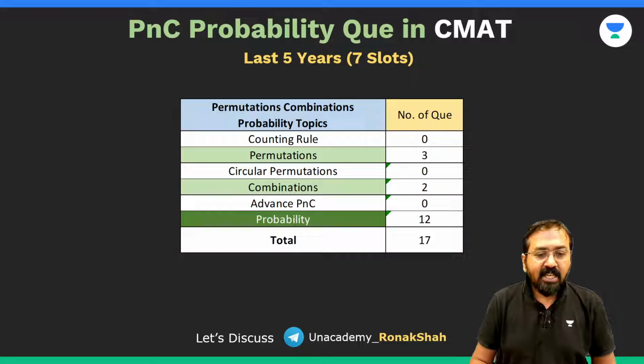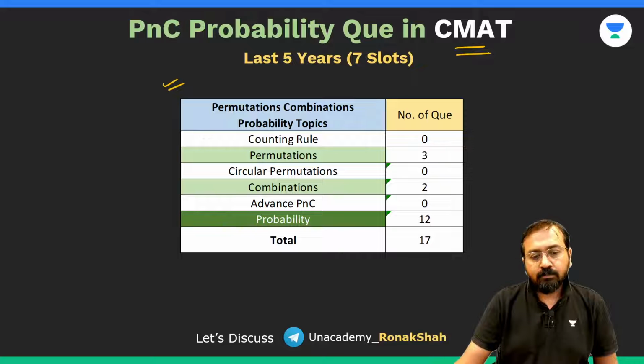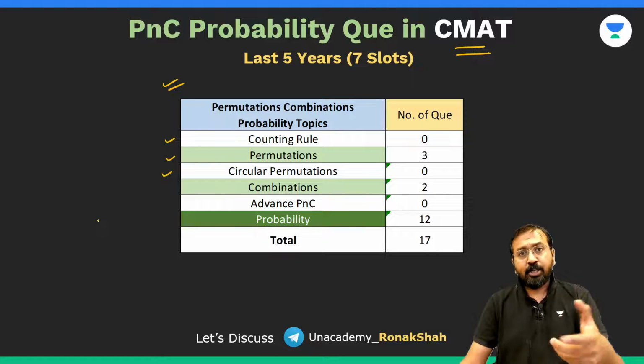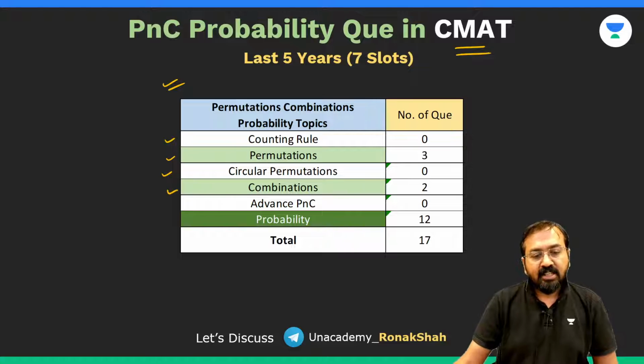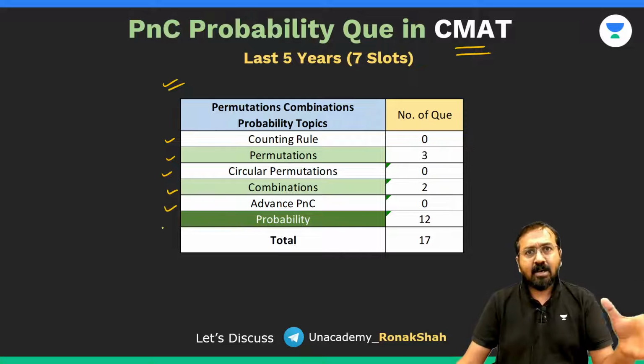So guys, let's begin, and let's quickly understand what are the important topics under permutation, combination and probability for the CMAT exam. Normally PNC and probability consist of these concepts: counting principle, permutation, then circular arrangement, you can call it circular permutation, then combination, and advanced PNC concepts like in CAT and XAT exams.